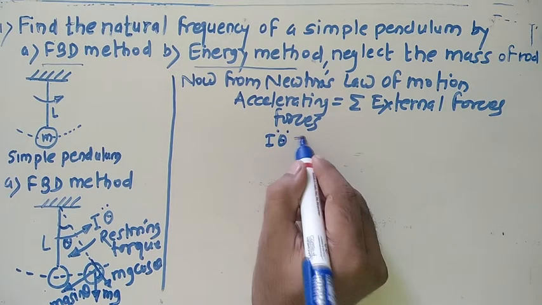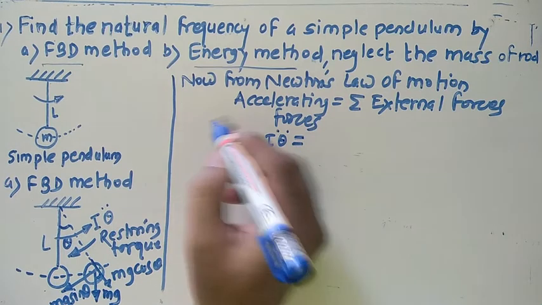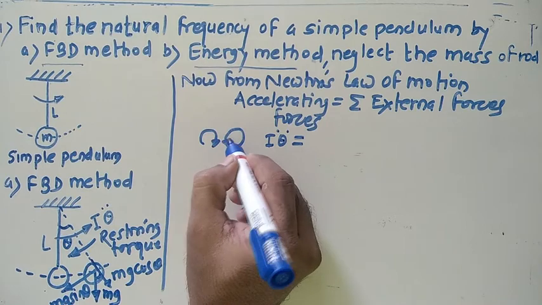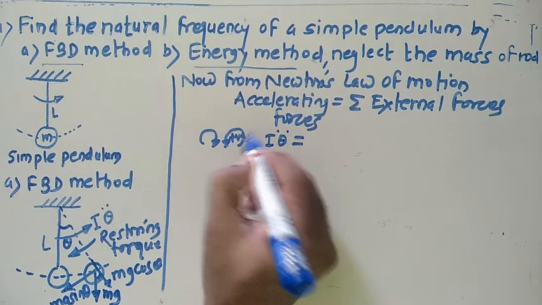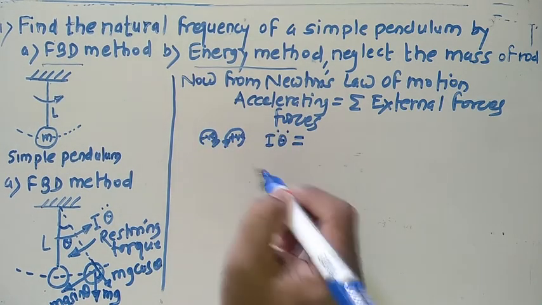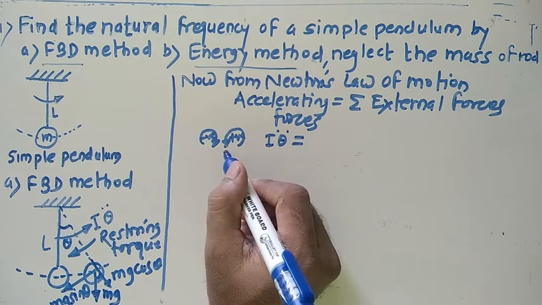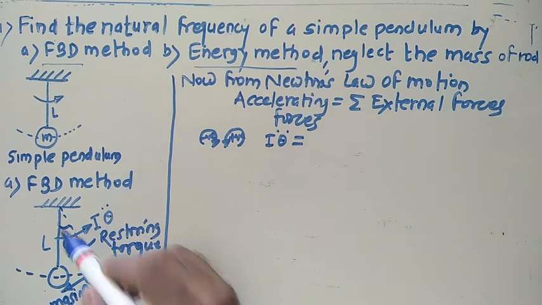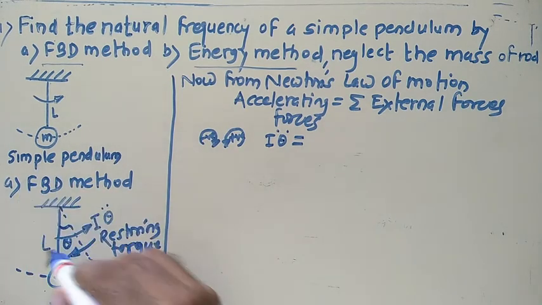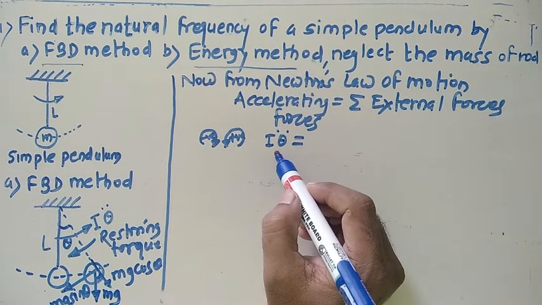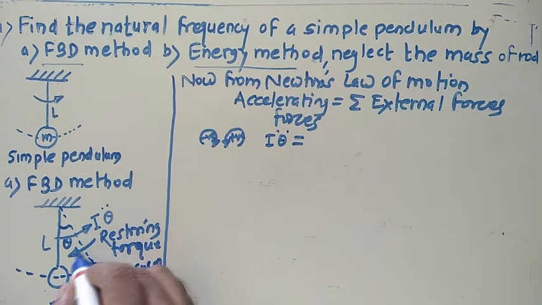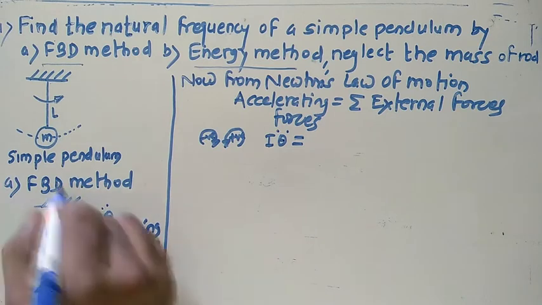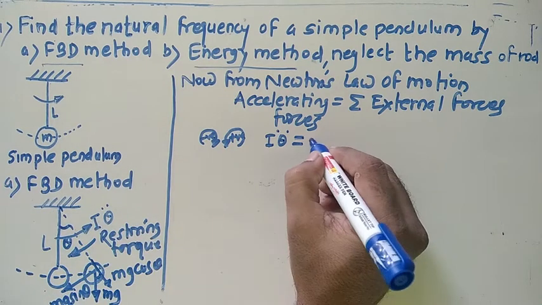As per the notation we discussed in the previous lecture, for anti-clockwise movement you have to consider the positive sign, and for clockwise movement you have to consider the negative sign. So here the accelerating torque turns about this point in the anti-clockwise direction, so consider the positive sign for this one. The restoring torque turns about this point in the clockwise direction, so give the minus sign for this one.